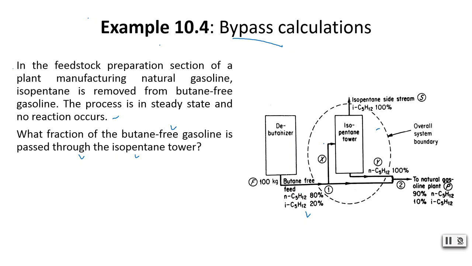So we want to know what is X, because X is the fraction of butane-free gasoline passed through the isopentane tower. Again, for this one, the first step is to do DOF. However, for this case, I'm not going to do DOF. I'm just going to start with the overall balance.